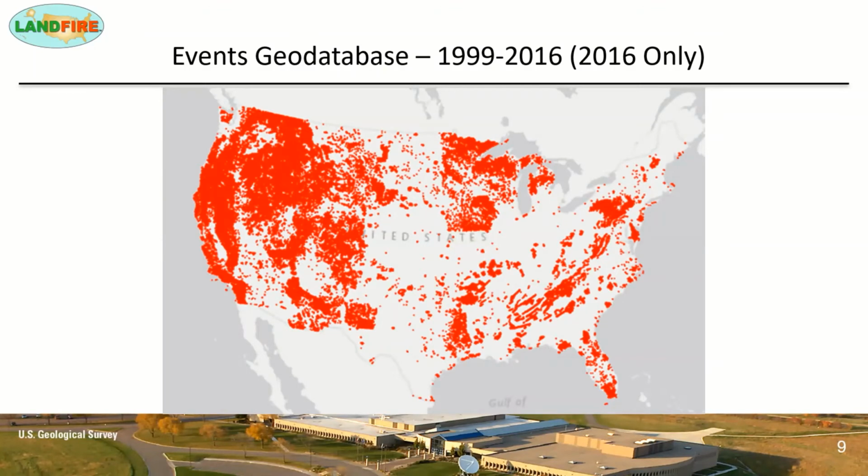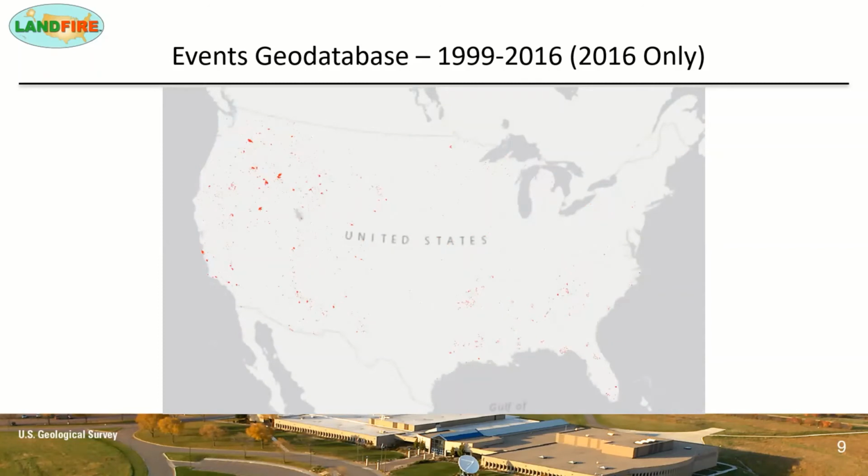So we don't want to rely only on that, and that's why we have our change detection in-house. But this data set provides a lot of information in terms of disturbance types, right? So you know what happened there. And so for 2016, you can see it's a lot less for 1 year, but there's still a lot of good information there. So we bring all that together in our prioritization process.